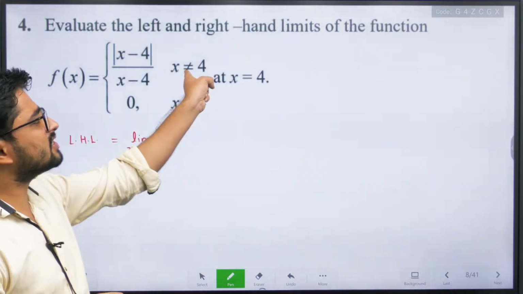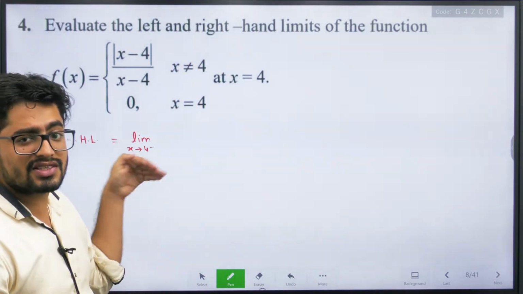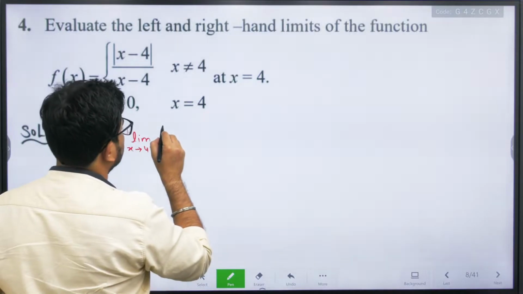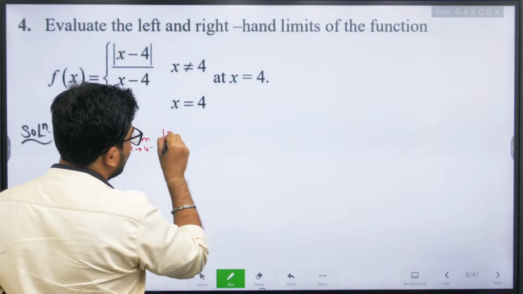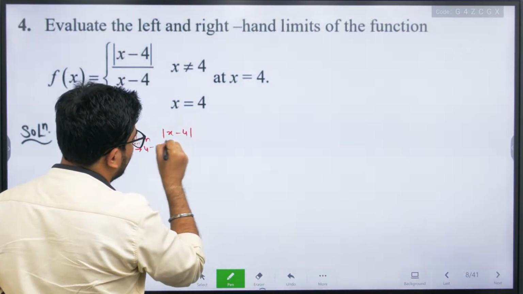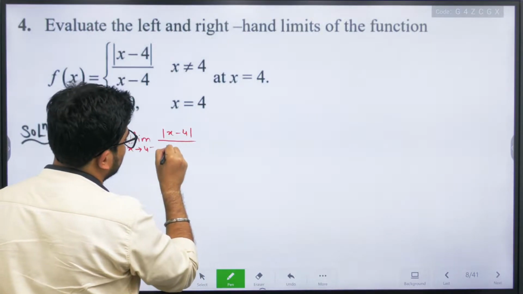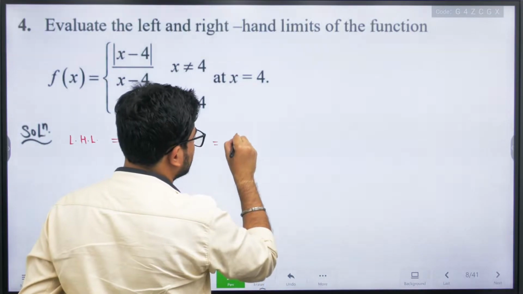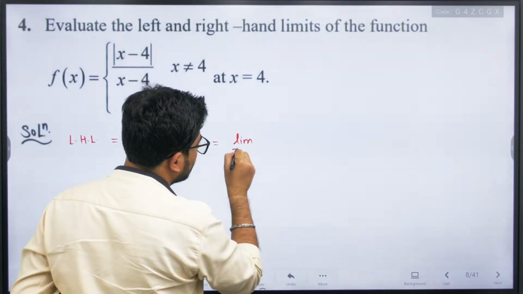Whenever x tends to 4, x is not equal to 4, so you can say the function is mod of x minus 4 divided by x minus 4. So this is limit x tends to 4 minus.